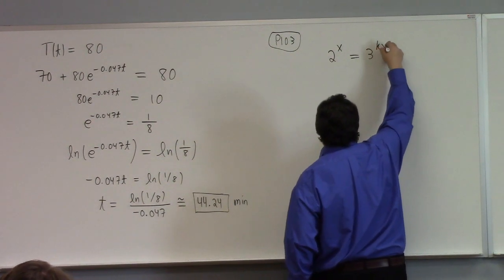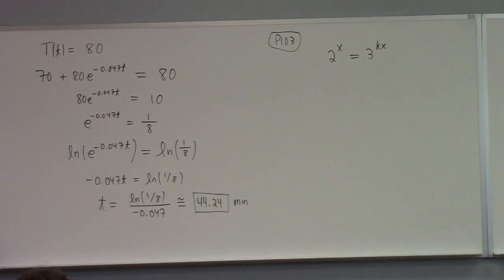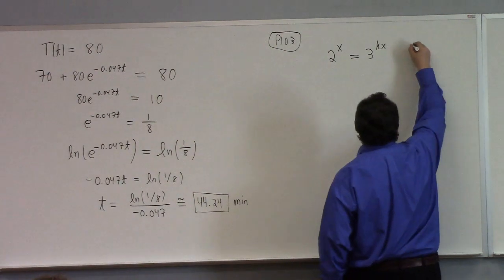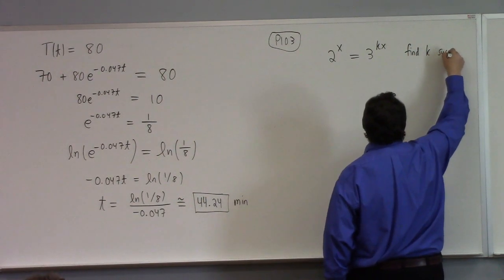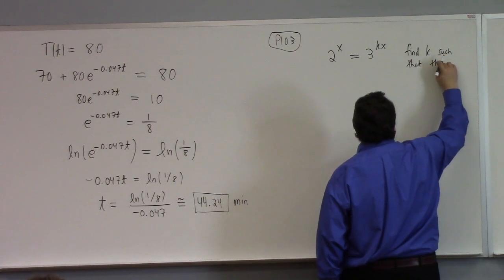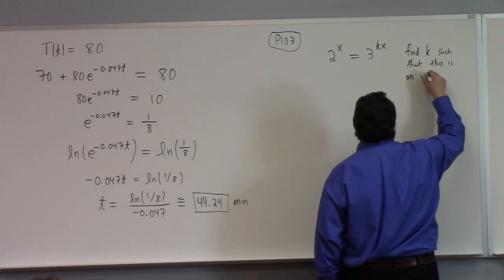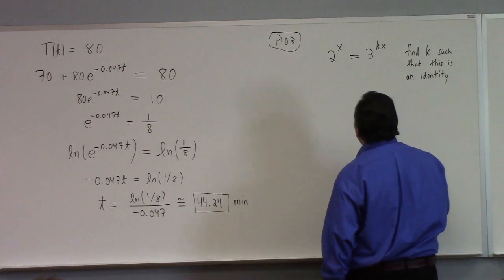It says find a constant k for which this holds for every x. So basically you could say find k such that this is an identity. An identity is something that's true for all x.